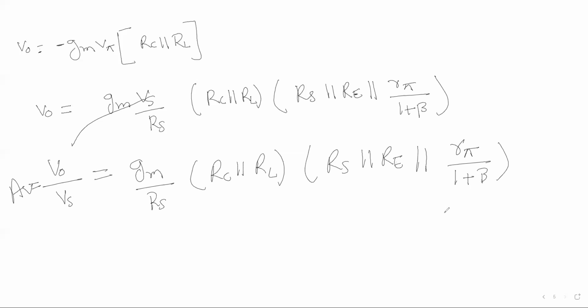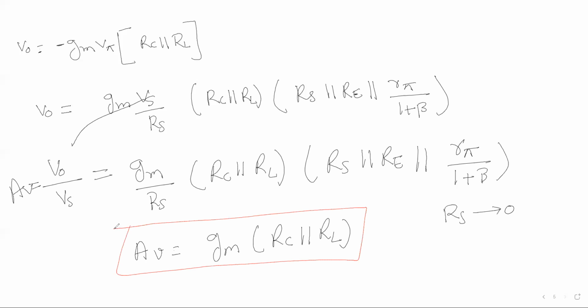Now assume, because Rs is very small, so we are assuming Rs tends towards 0. So AV would be gm, RC parallel with RL only. That would be your voltage gain.